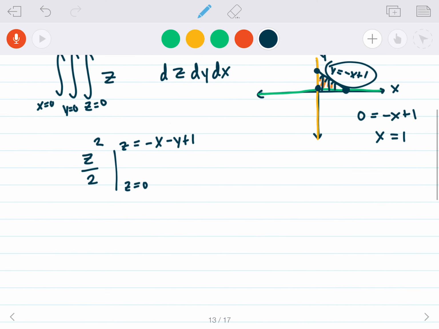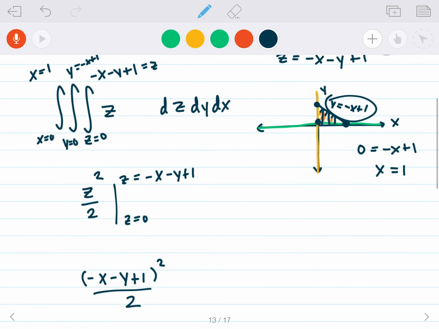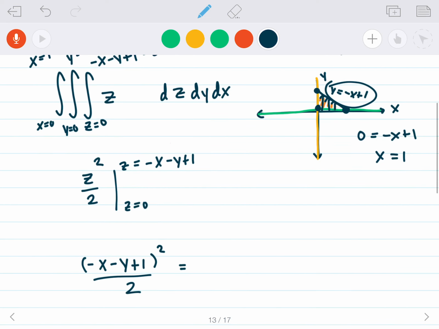Okay, so that's just going to be negative x minus y plus 1 squared over 2 minus 0. Let me go ahead and distribute this out so we don't make mistakes later on.